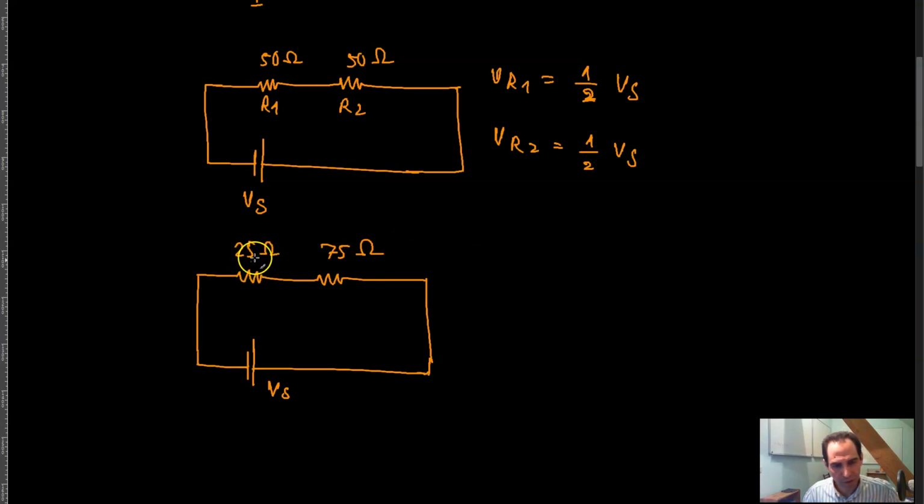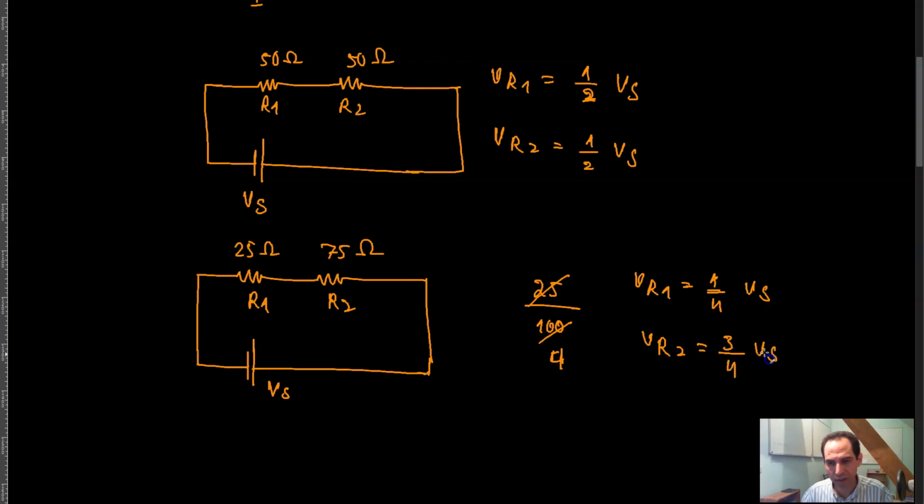Meaning that the voltage across this resistor becomes 1/4, which is 25 divided by 100, of the power supply here. So if I call this R1 and R2, V of R1 would be equal to 1/4 of Vs, and V of R2 would be equal to 3/4 of Vs. And you can see that in the previous case, 1/2 of Vs plus 1/2 of Vs would be the whole Vs, because that would be the voltage drop across the 2 resistors.